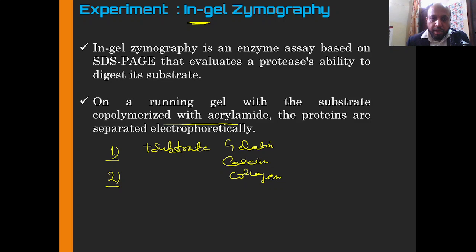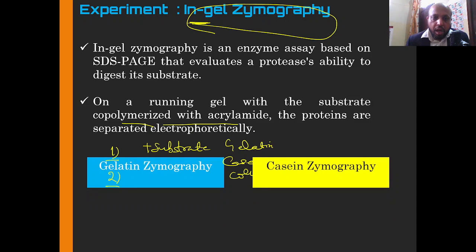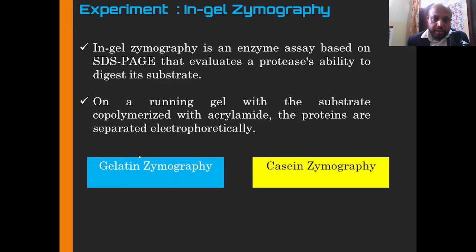Right now we will focus on in-gel zymography, where you are adding your substrate while preparing your gel. As I said, we will be focusing here only on two types, gelatin zymography and casein zymography. The resolution of casein zymography is not very good, and that's why some people have to run it twice on a gel.